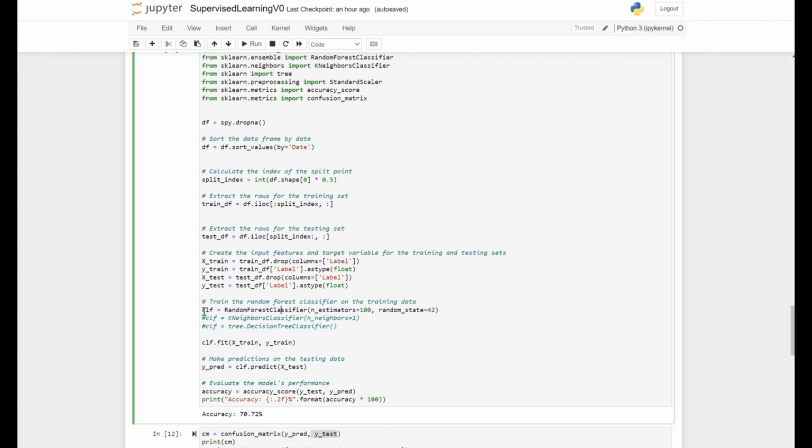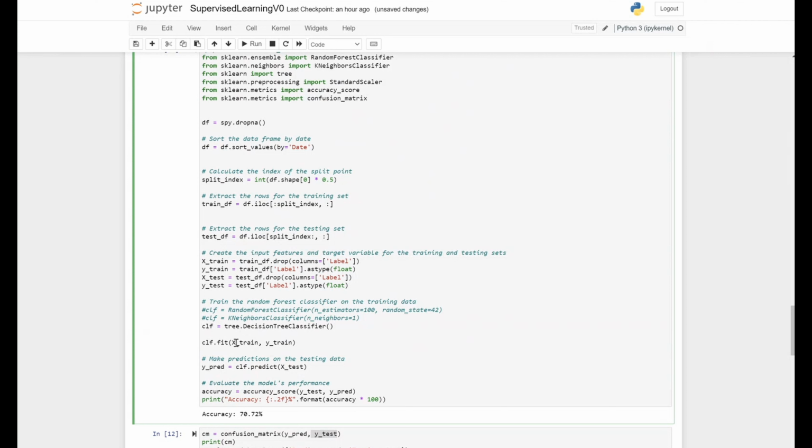What I would do is change one line of code. Instead of generating an instance of random forest classifier, I just comment this out and generate an instance of decision tree by using this line. Of course, in order to use this, you have to import tree from scikit-learn.